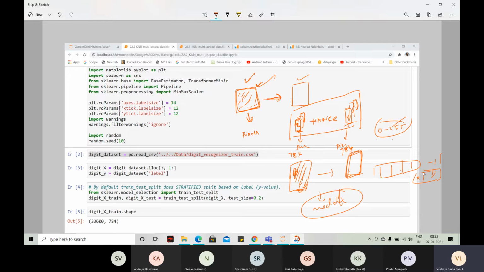So you take this data and predict the first number, this data the second number, this data the third number, and so on. In each cell you are going to predict one number out of 0 to 255.